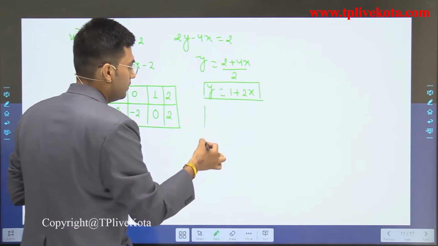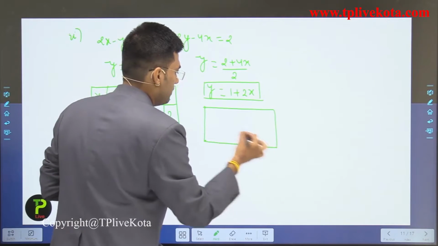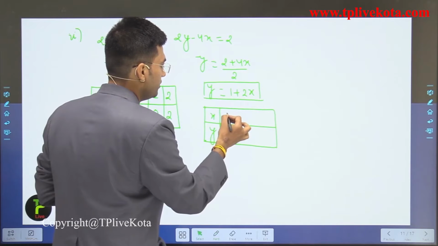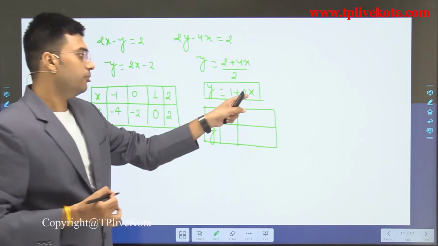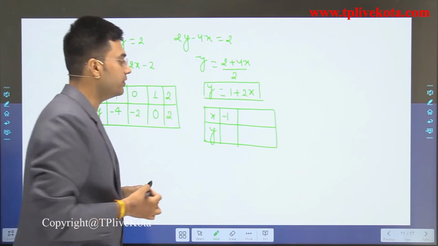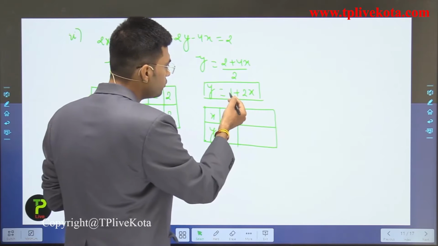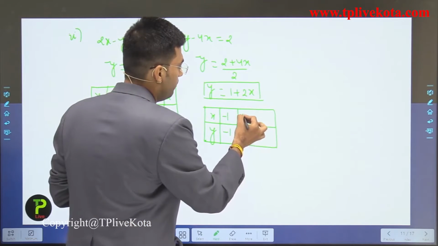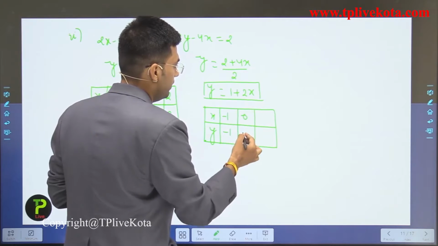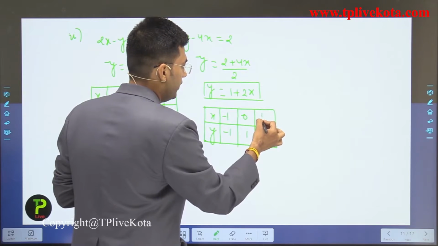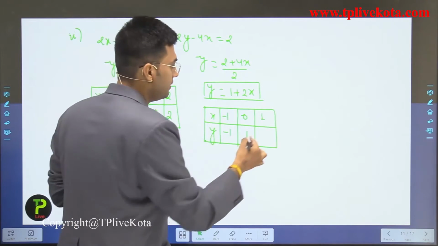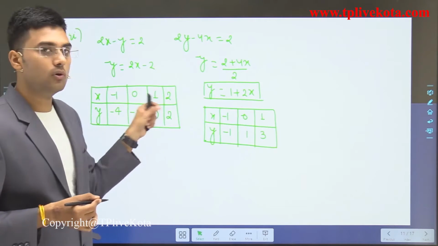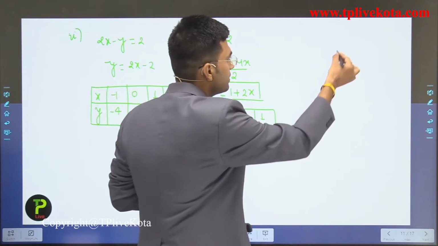Now if we put x is equal to minus 1, then it is equals to minus 2 plus 1, that is minus 1. If we put 0, then it is equal to 1. When we put x is equal to 1, we will get 3. Okay, so let's plot all these points on a Cartesian coordinate plane.